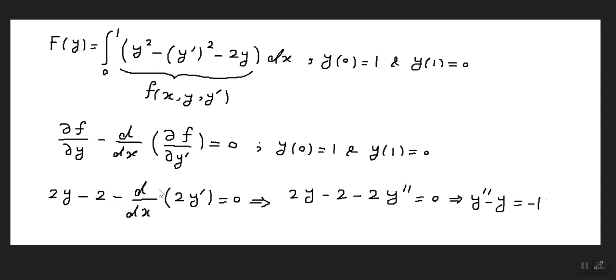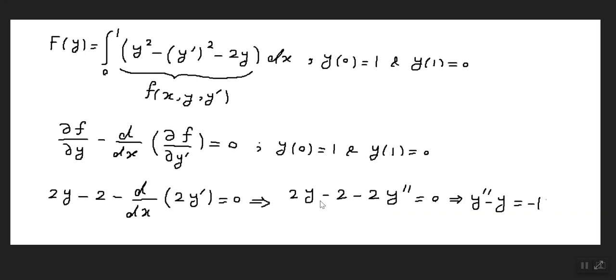Now we have to take the derivative of this 2y prime with respect to x. Of course, y prime is a function of x, the first derivative of y. So when you take the derivative with respect to x, it means the second derivative of y. This 2 is a constant, and one more derivative becomes the second derivative.